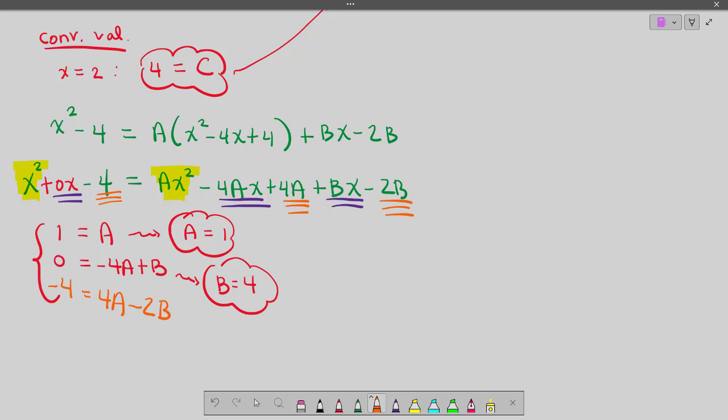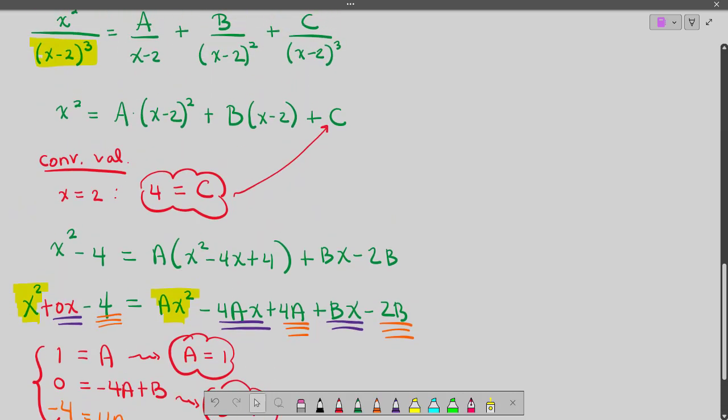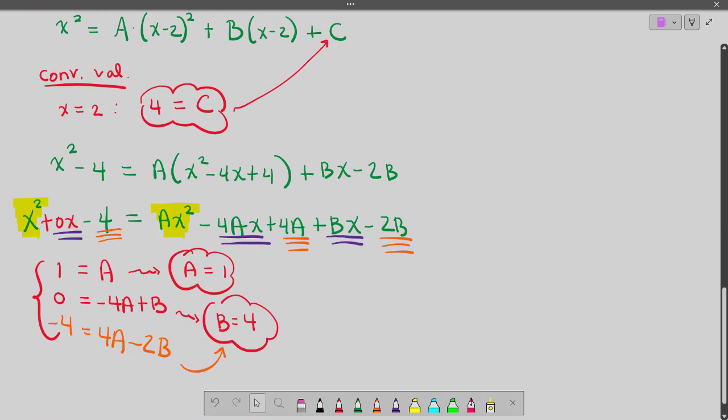If you plug in a equals 1 here, you get 4. You subtract it to that side, you get negative 8. You divide by negative 2, you get b equals 4. So it turns out we don't need that third equation. 2 is enough. But if you did put it down, it would end up with the same thing. All right, so 1, 4, 4.